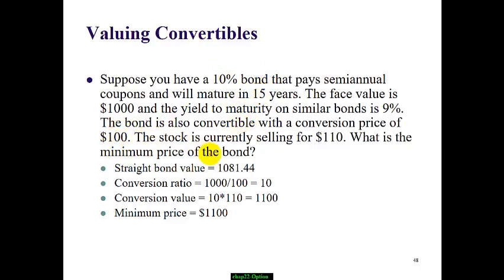According to the conversion price, 1 bond converts to 10 stocks. The stock right now is 110, so the 10 shares are worth 1,100. Based on just the inputs for the bond features alone, the bond should sell at 1081, but due to the convertibility, the price is a bit higher. So the minimum price should be based on this one, 1,100.